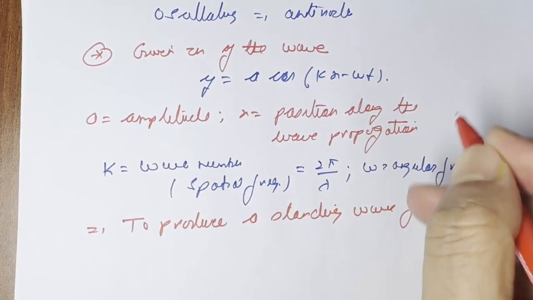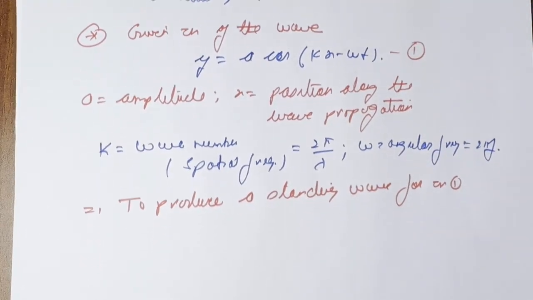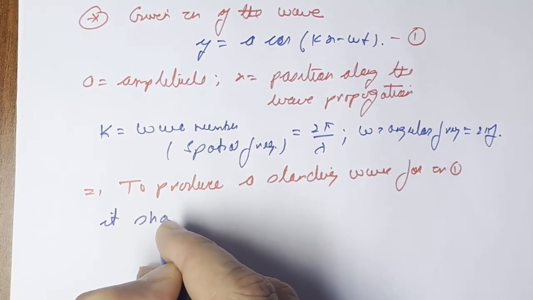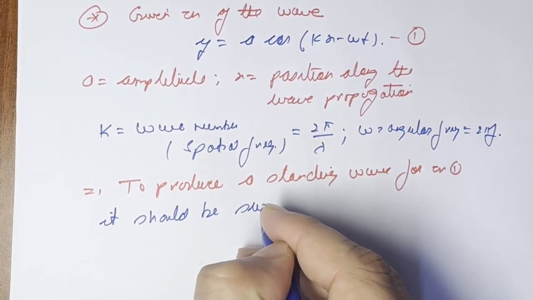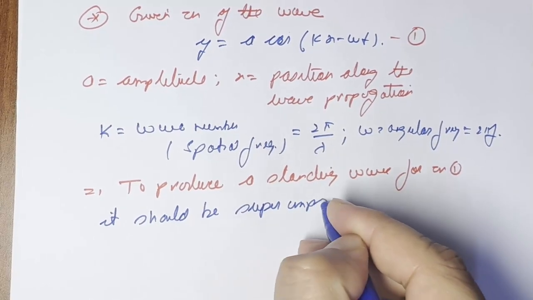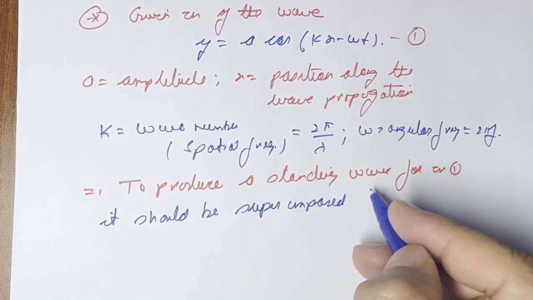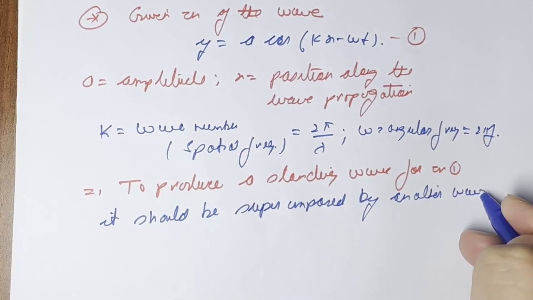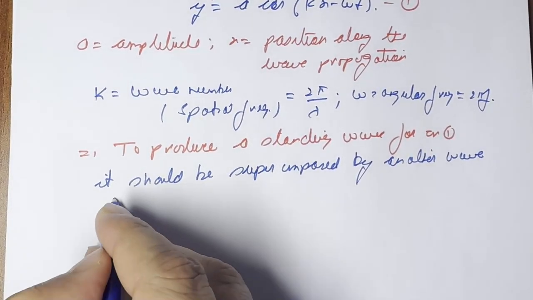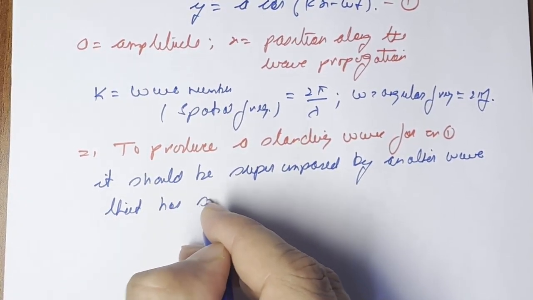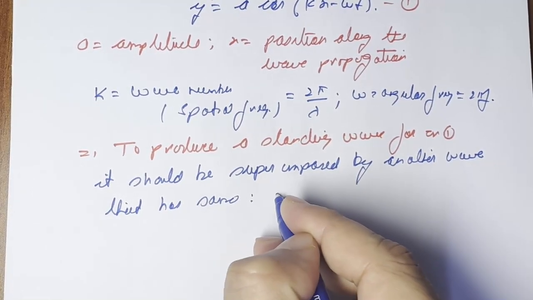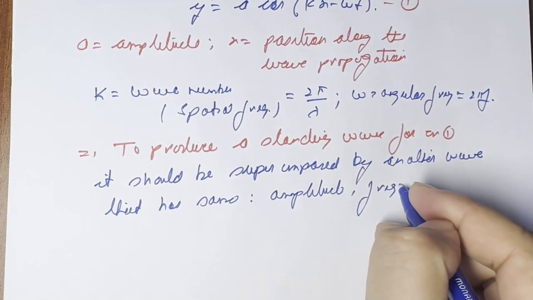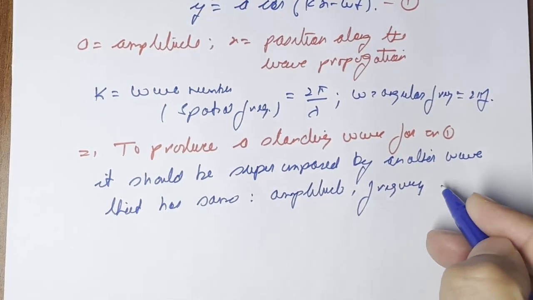for equation 1, let us call this equation 1, it should be superimposed by another wave that has the same amplitude, frequency, and wavelength.